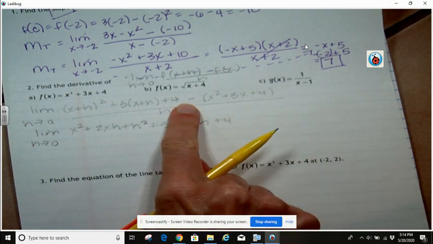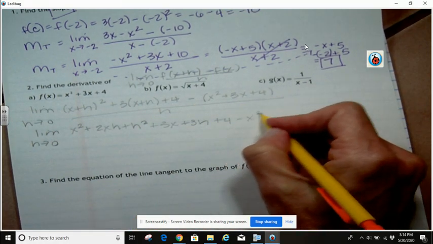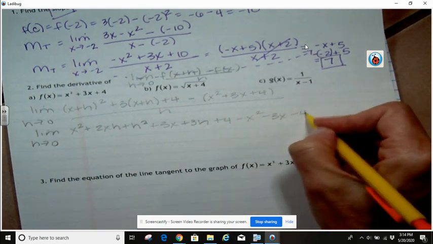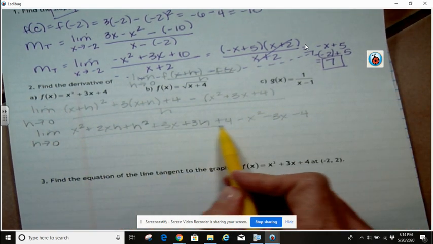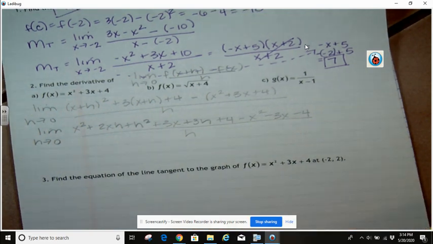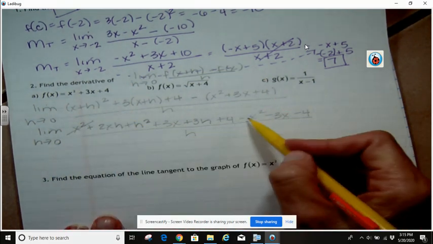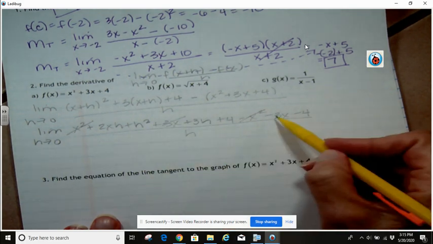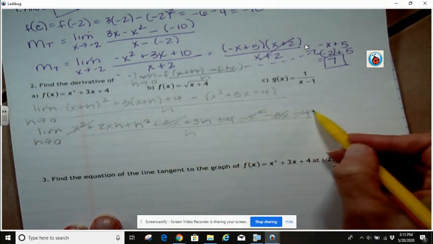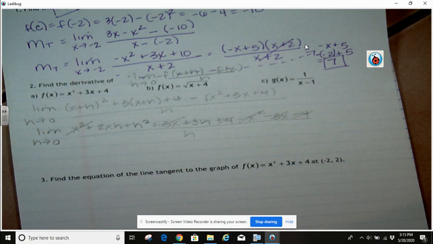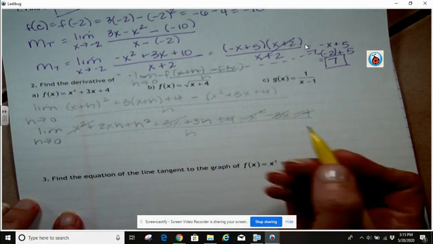And then because you're subtracting f of x, you want to make sure you distribute that sign. And what you should see at that point is that everything that doesn't have an h in it should cancel out. If it doesn't, probably need to go back and figure out what went wrong. x squared and negative x squared, 3x and negative 3x, positive 4 and negative 4. Everything that didn't have an h had its opposite, so it could cancel.